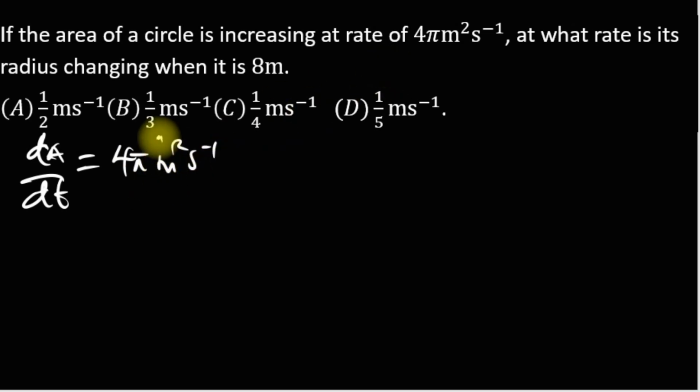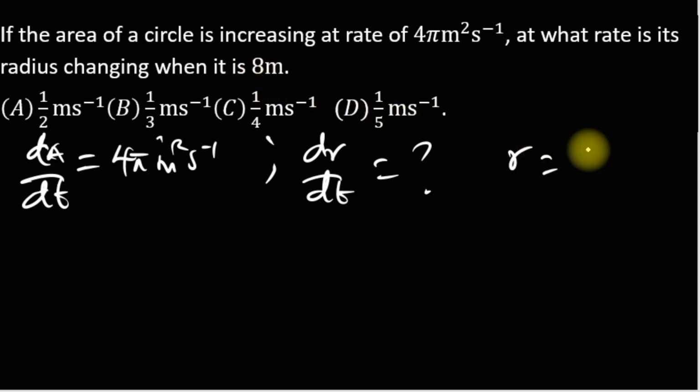That's the unit. And again they say, at what rate is the radius changing? So we are asked to find dr over dt, when the radius is 8.